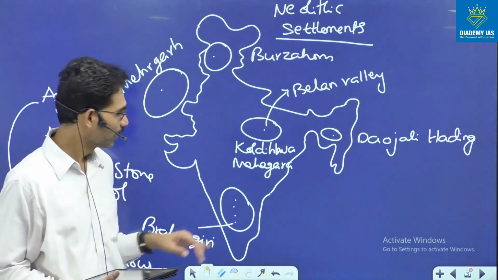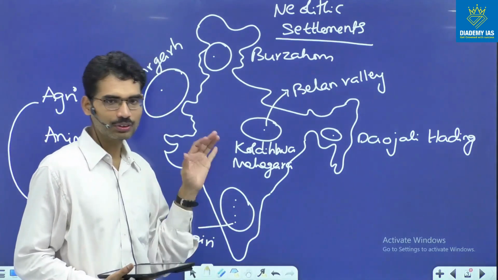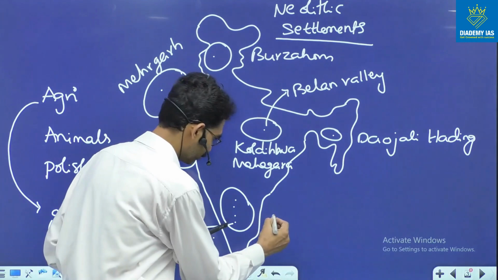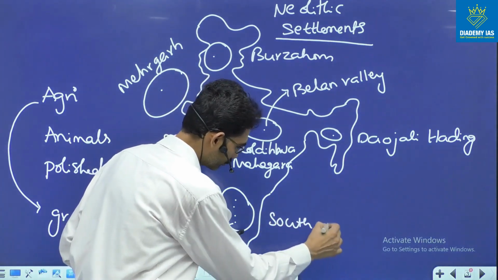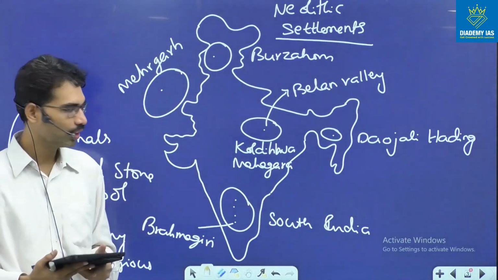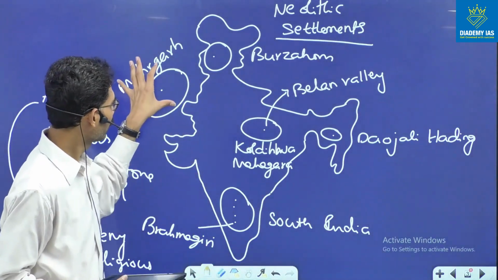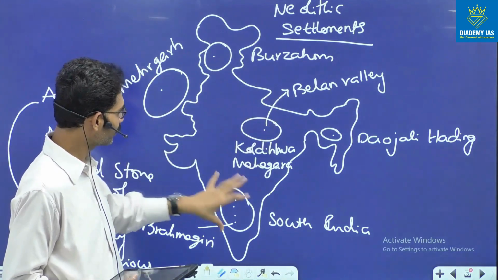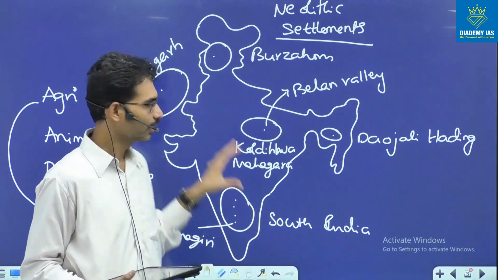Full stop. Ragi was produced in South India. So now you see, you are bringing different evidence from different parts of the country.